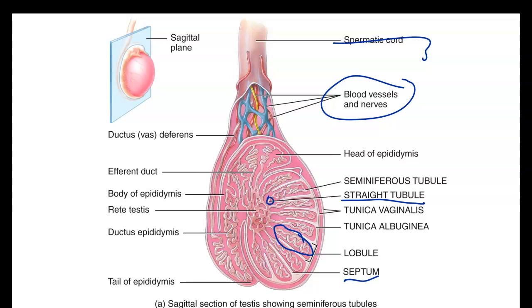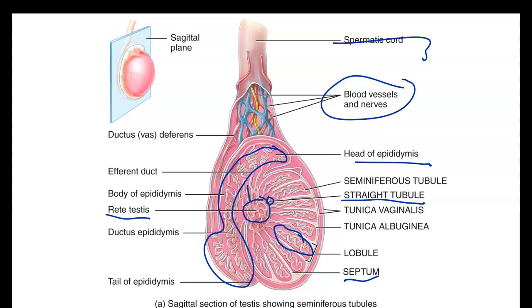From the lobule, those seminiferous tubules will then lead into what's called that straight tubule, so that's that straight section there. Then they go into what's known as the rete testis, and that's there. And then from the rete testis, it is going to make its way up through the efferent ductules into this epididymis. And so this whole section through here is going to be the epididymis. Now you have what's called the head of the epididymis, which is going to be towards the top portion near that spermatic cord.